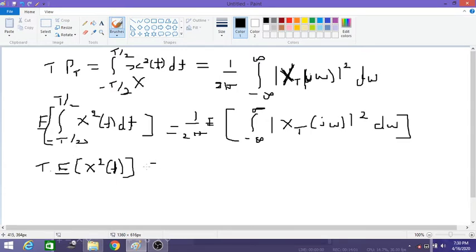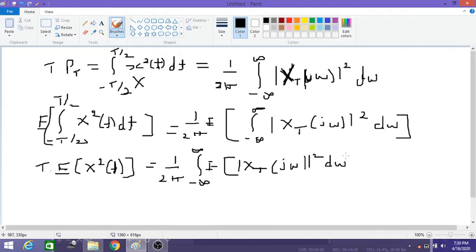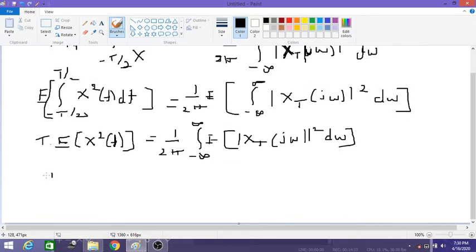So this is equal to 1 by 2 pi into the integral from minus infinity to plus infinity, and here also I'll take the expectation inside. So the expectation of this is X_T of j omega square into d omega. Then I can write this in terms of the correlation function, so I'll relate this to the correlation function.